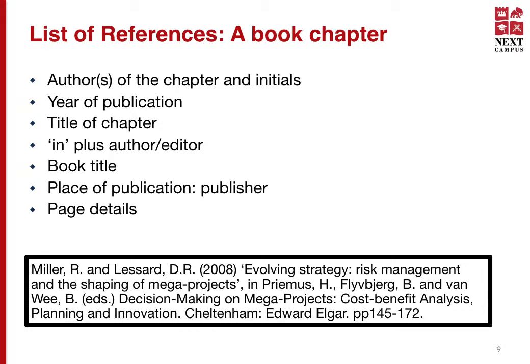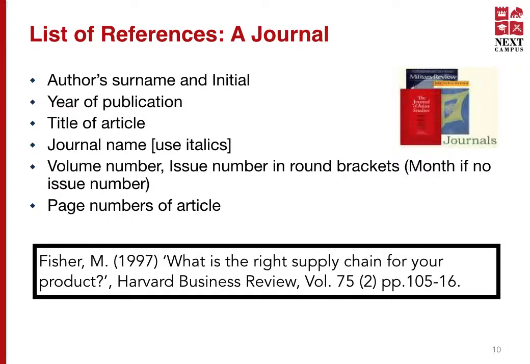If you reference a chapter in a book, then you add the title of the chapter as given in point 3, and you have an example in the box below. How do you reference a journal article? Again, here a journal article from the Harvard Business Review has been given as an example from Fisher.